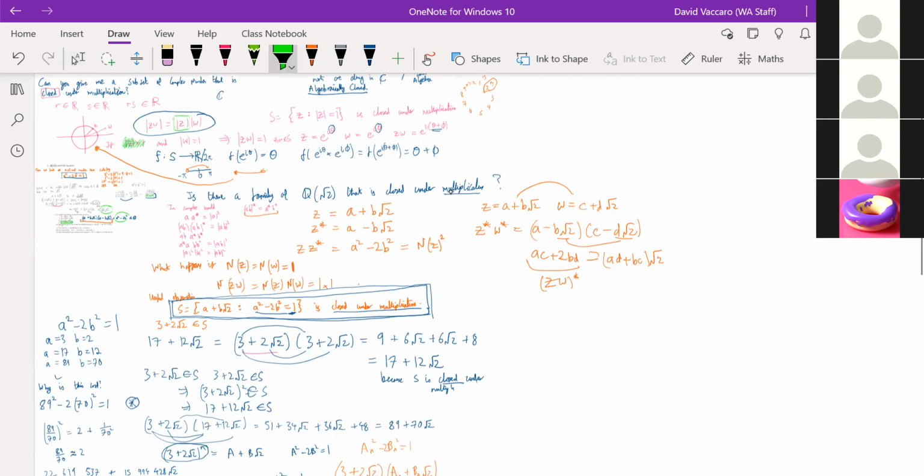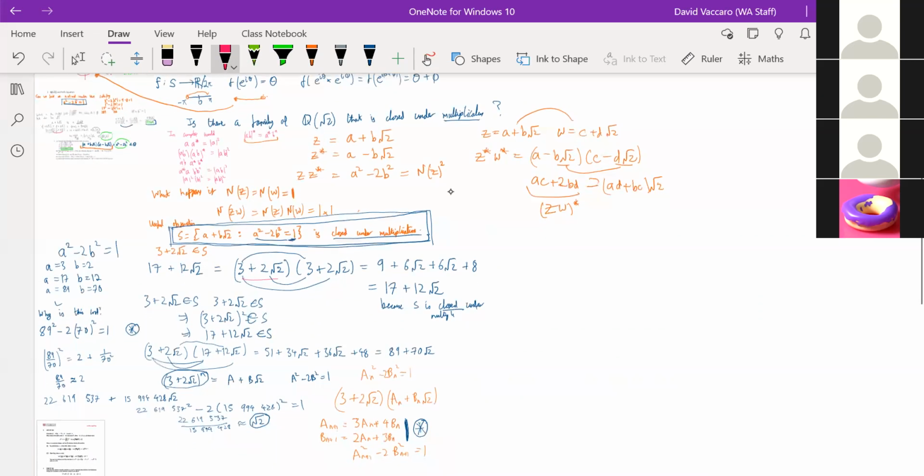It turns out that in normal Euclidean geometry, the correct notion of distance is that distance squared is x squared plus y squared. Or if we have 3 dimensions, it's x squared plus y squared plus z squared. And that leads to the geometry of a circle or a sphere.